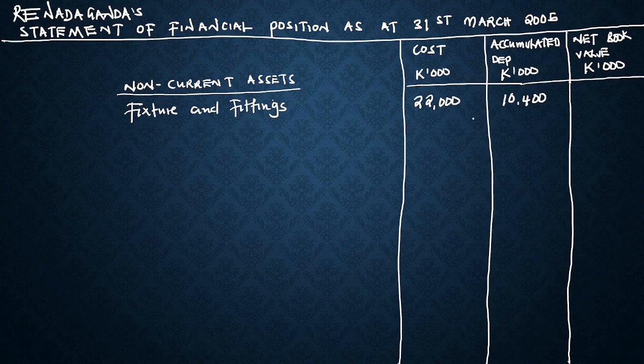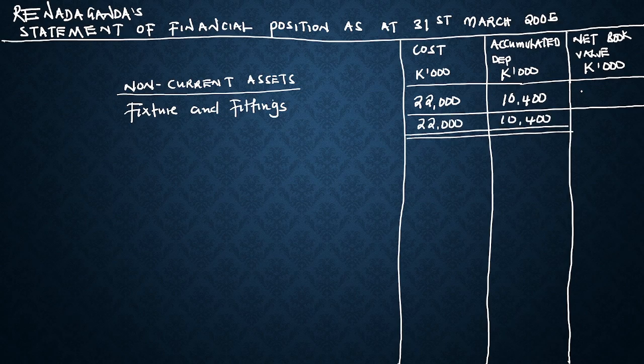The difference, what's the difference? 11,600. That's 11,600. Okay. We continue. We now go to our current assets.